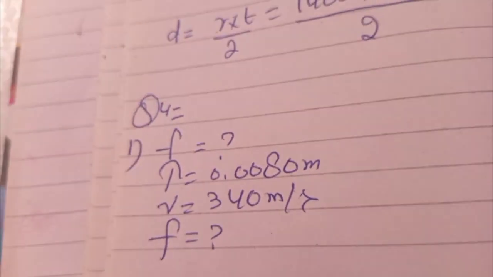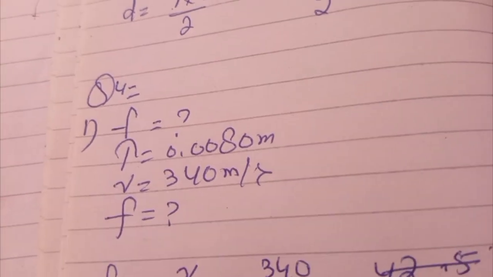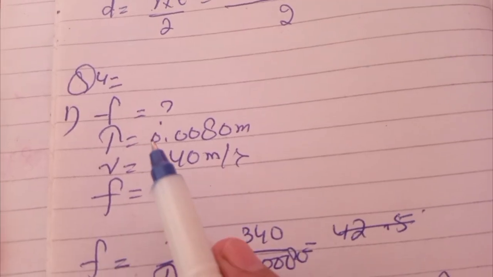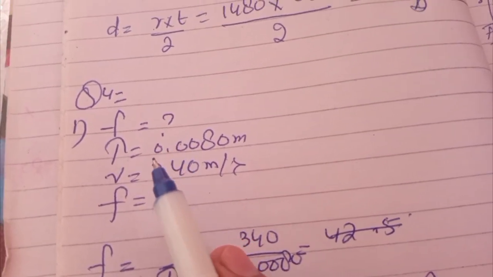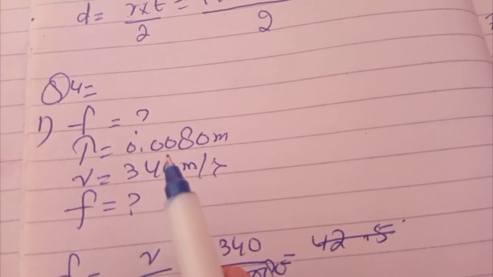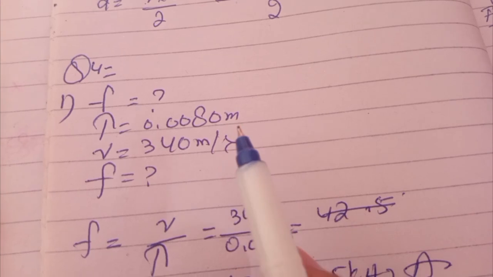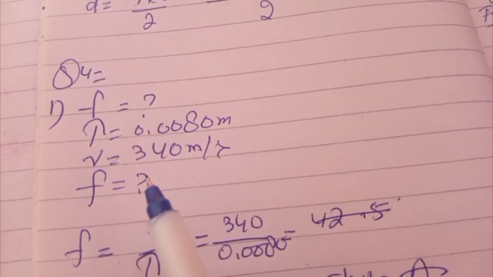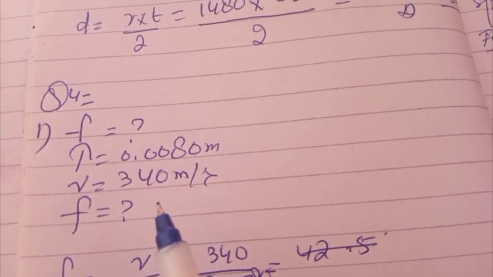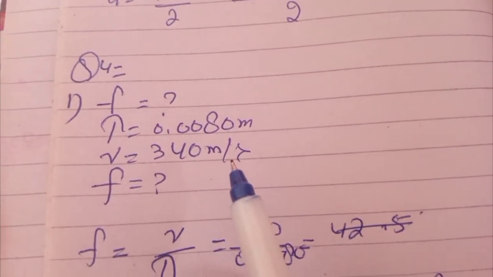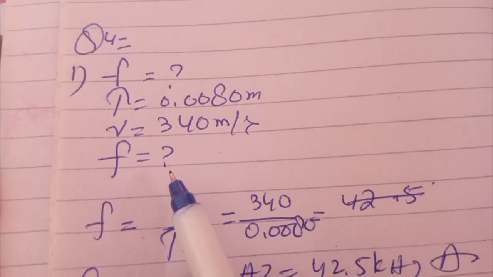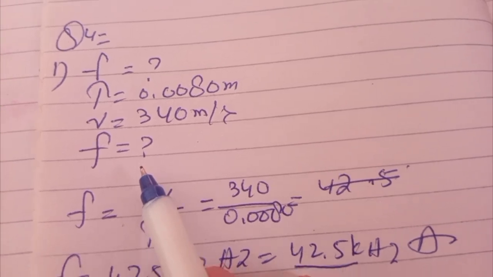So here you are looking at question number 4, first part. You have to find out the frequency, and the wavelength of the sound wave has been given to you, 0.0080 meter, and the velocity, meaning the speed of sound, has been given to you, 340 meters per second.